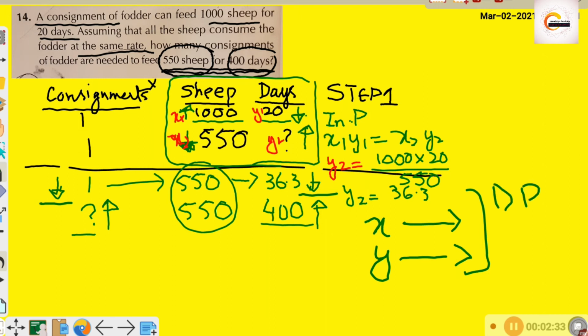Yes, this is direct proportionality, and in direct proportionality, when one variable is unknown and three variables are known, what formula do we use? Y1 upon X1 equals Y2 upon X2.